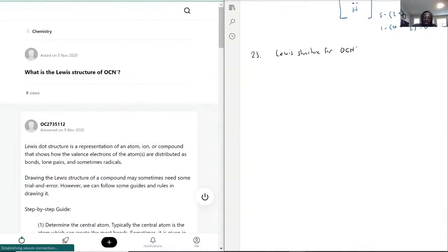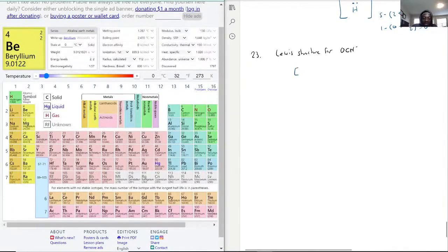OCN minus. So once again, looking at the periodic table, it's all going to be nicely on after the helium. Oxygen is 2s2 2p4, carbon is 2s2 2p2, nitrogen is 2s2 2p3, really close to each other, but 5 here, 4 on the carbon, and 6 on the oxygen.